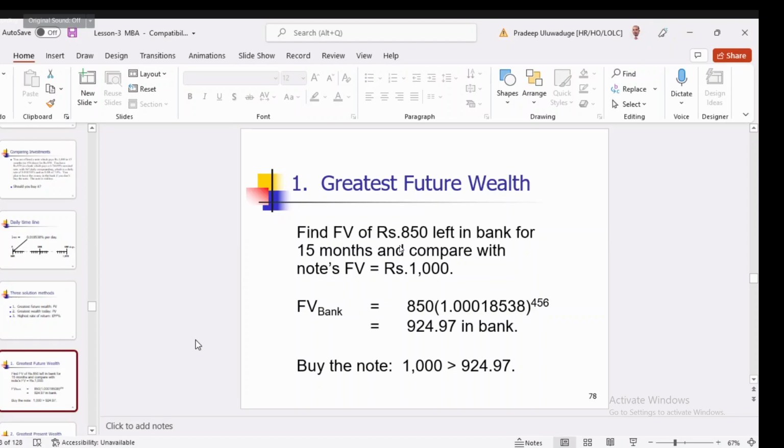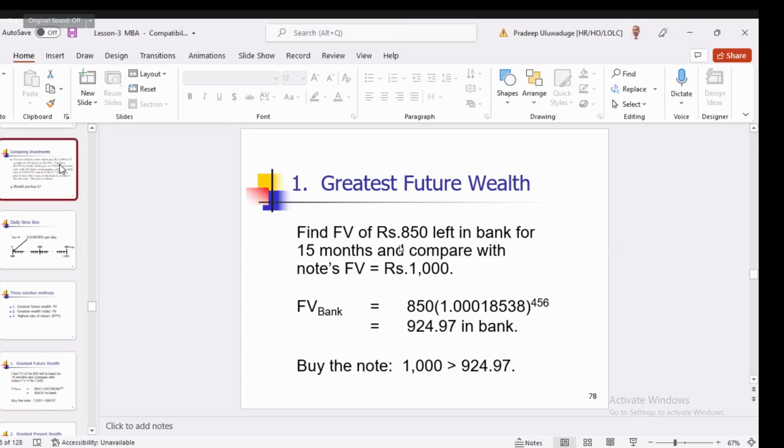Thank you, Dilini. So take 850 and calculate the future value of the saving that is in the bank. Let's look at the savings rate in the bank.